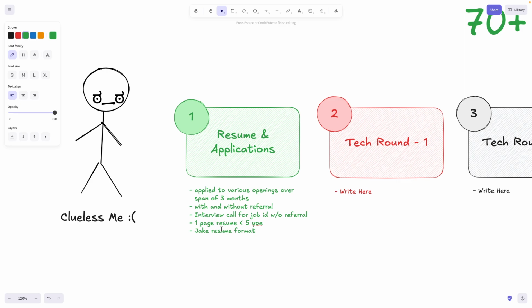I'll attach all of these links in the description also. Please feel free to comment if anything I mentioned is missing in the description. So that's pretty much it. Apply over the span of 3 months, apply to all the openings that you see every day that fit your years of experience. Don't just apply to one and then wait for the call.